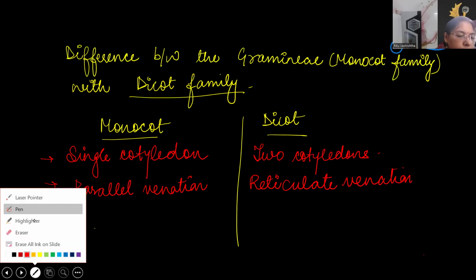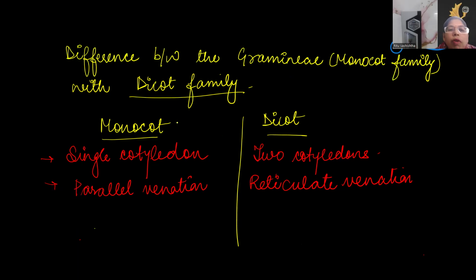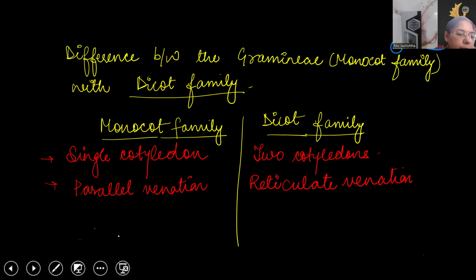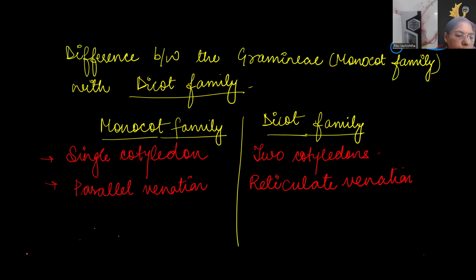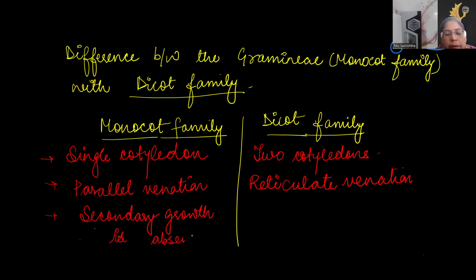Besides this, in monocot families secondary growth is always absent, and in dicot families secondary growth is present.